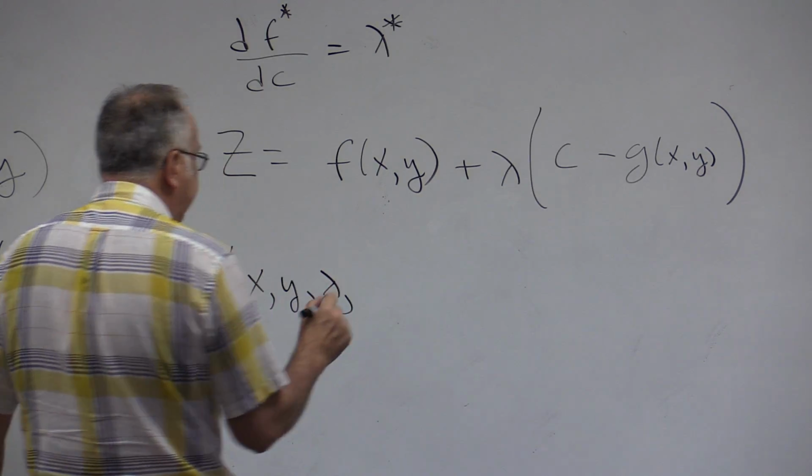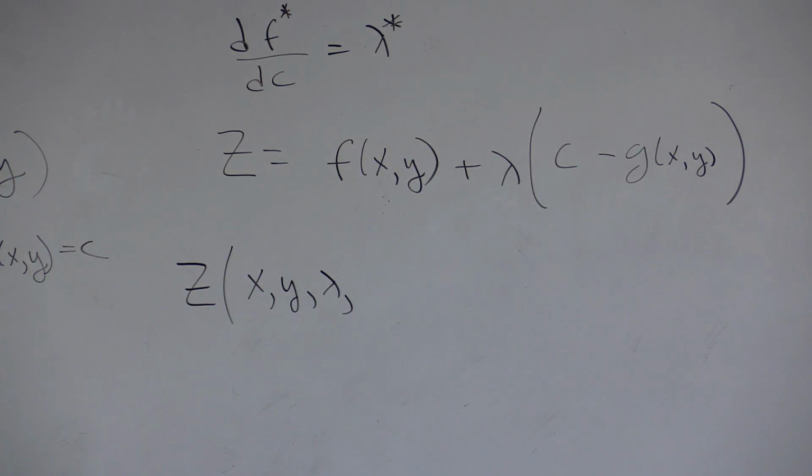And we think of C here as being what? C in mathematical language would be a what? A constant, but it's an unspecified constant. What's the term for that? Parameter. It's just a parameter.